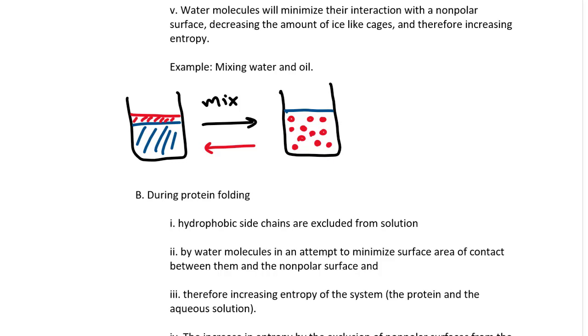Now, if you were to calculate the surface area that water is exposed to when in this state compared to this state, the surface area of contact between oil and water is much larger here and much less here. And really, this is just a geometry problem. It's easy to do.